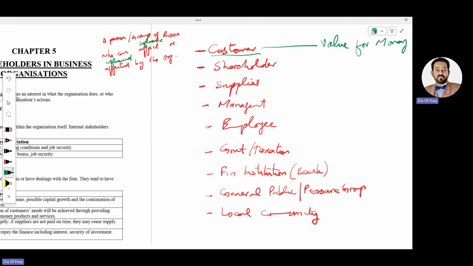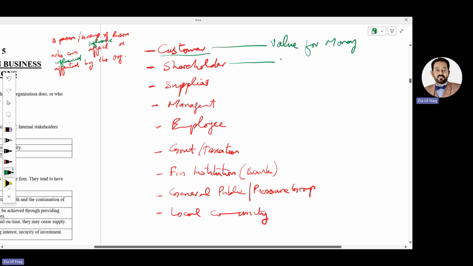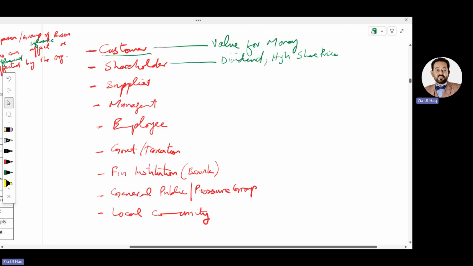What does the shareholder want from the business? High profit, meaning dividend. The part of profit that is paid to the shareholder is called dividend. Also, they want a high share price. Also, they want you not to make risky investments.